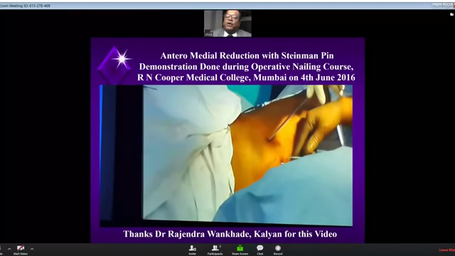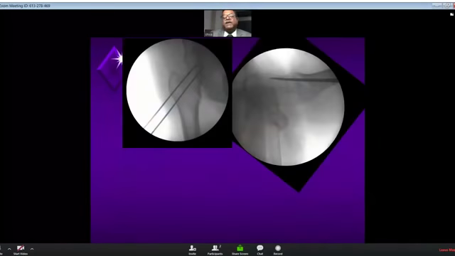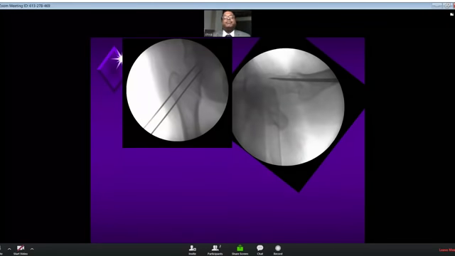This K-wire also gives an idea about the direction, the anteversion of the head and neck. So you can keep the jig parallel to this subsequently. This also reduces the radiation, especially when you take the lateral picture. Many a time, if your guide wire or the jig is parallel to these K-wires, then the position of the guide wire in the lateral picture will otherwise be very much not acceptable.